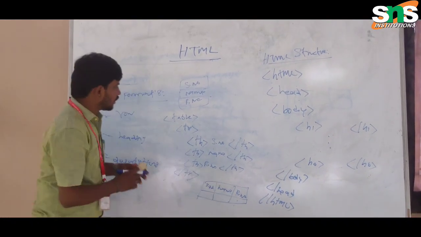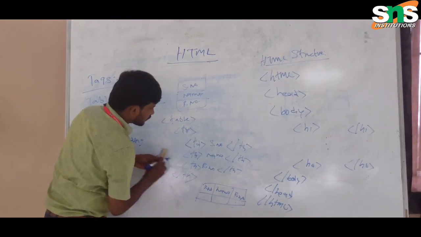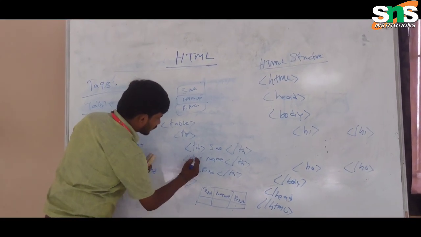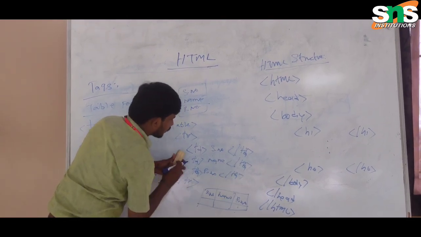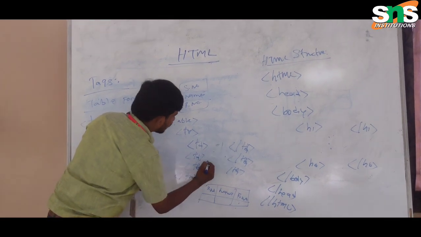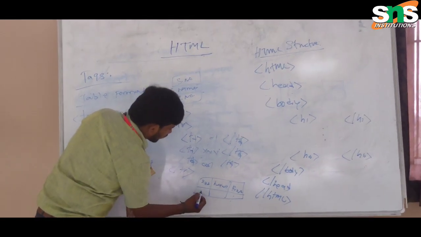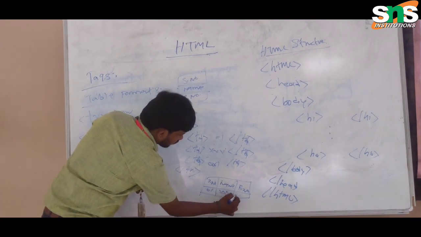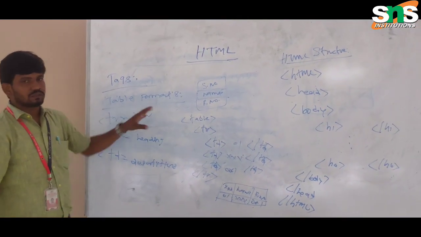Here, instead of TH we use TD. TD means the description. End with TD. Here we don't need any headings, we need the values: serial number 1, name is xxx, register number is 001. The values are printed here. This is the main difference between the table formats. Okay, that's all.